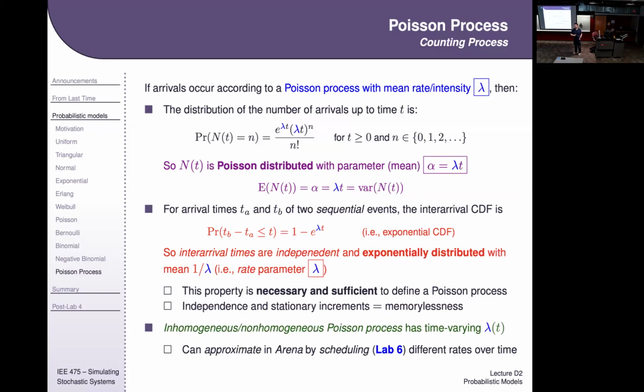Okay. When you get more advanced, and we'll touch on this in lab 6 a little bit, because we'll talk about scheduling, there are Poisson processes in the real world where the rate changes over time. You can imagine at an airport or at a restaurant, the morning traffic will be very different than the afternoon traffic, which will be very different than the evening traffic.